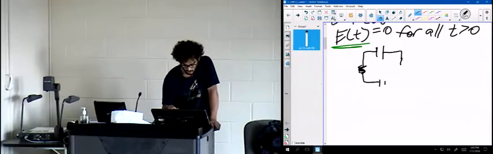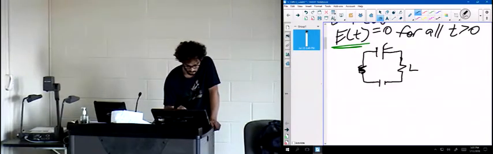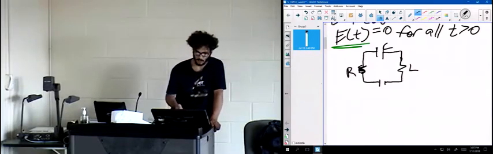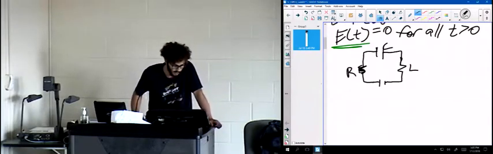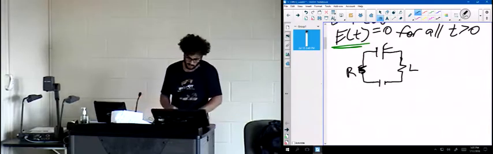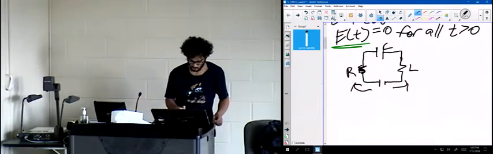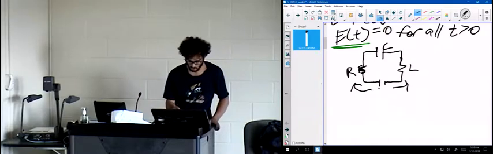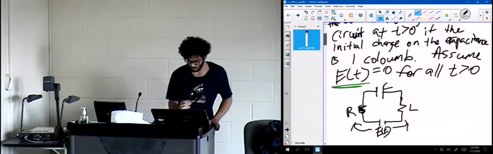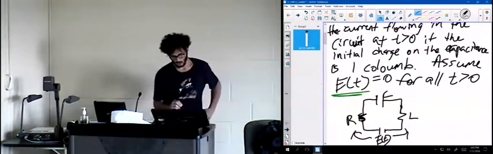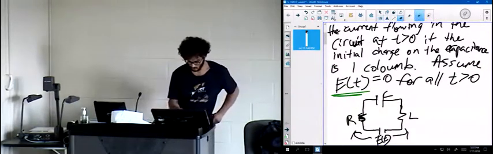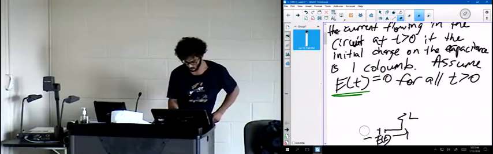I'm not too sure what the inductor looks like, but let's just assume that's what it is. So, the current is alternating. So it goes like that, and then it goes like that, but it happens so quick. It's almost instantaneous. And so that's just a little overview of alternating circuits.